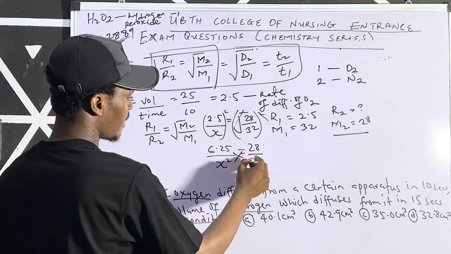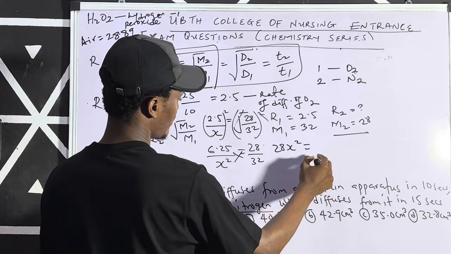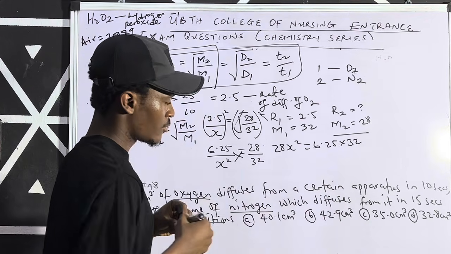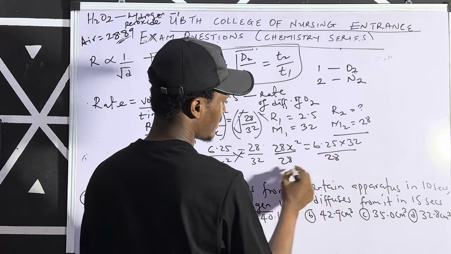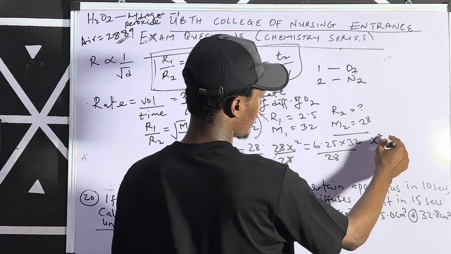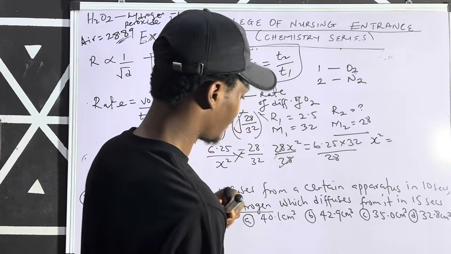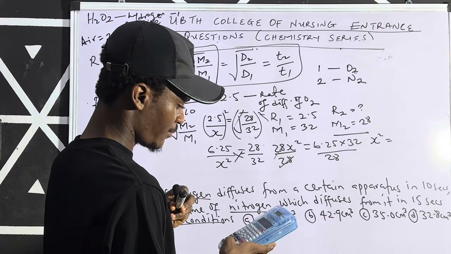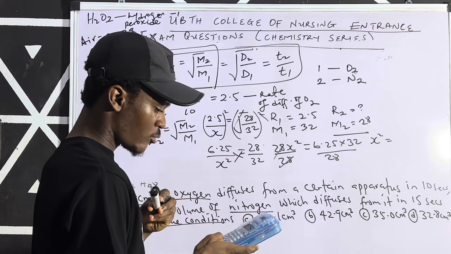When we cross multiply, we obtain 28x squared equals 6.25 times 32. We can simply divide by 28. So x squared equals 6.25 times 32 divided by 28, which is 7.14.